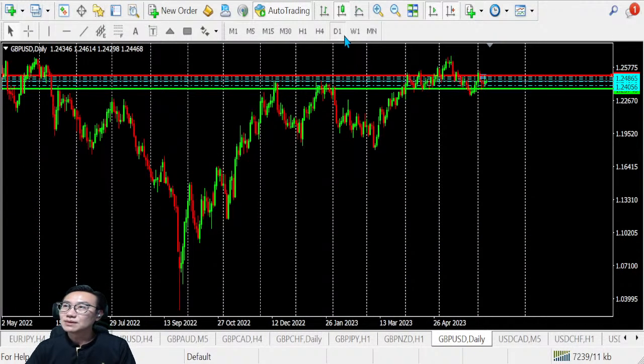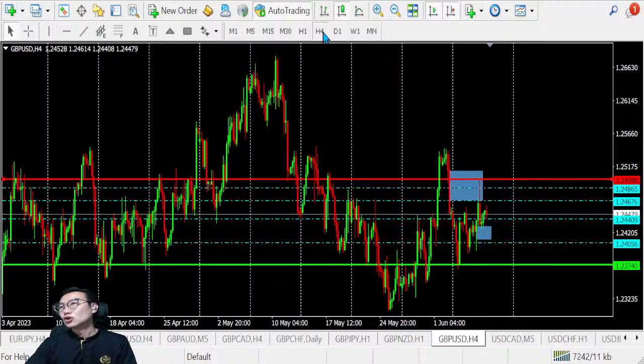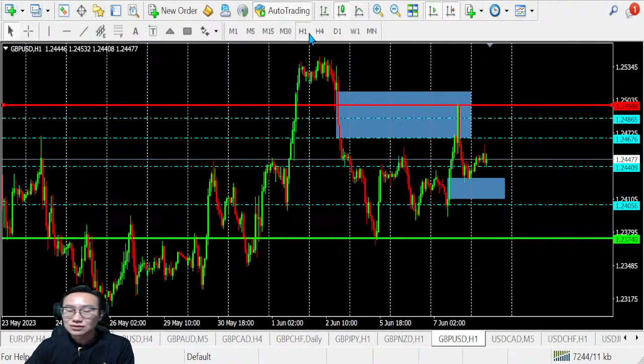Pound dollar, we are still in the bull in this round, coming in to try to break into the bear, but it got pushed back once again to hit the resistance and coming back down here. So at the moment, today, if I'm looking into pound dollar, there may be some boring scene.